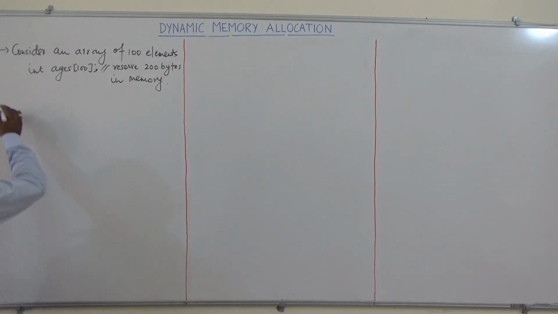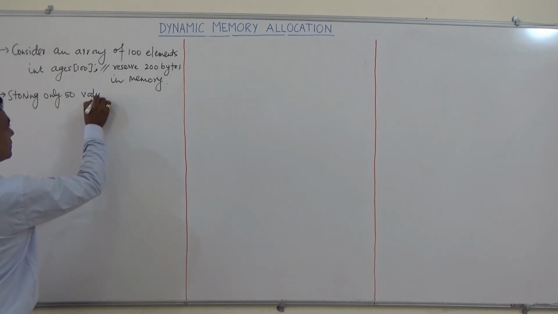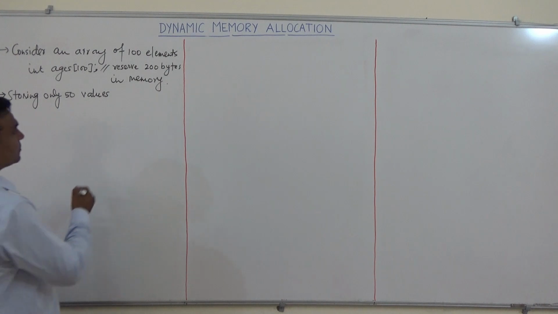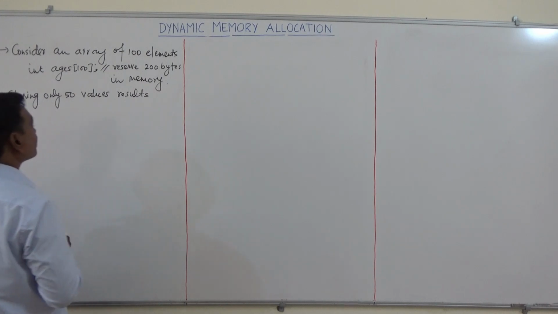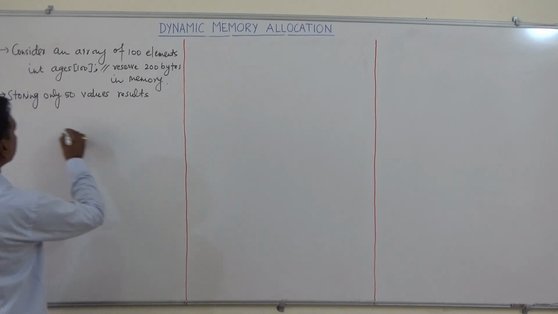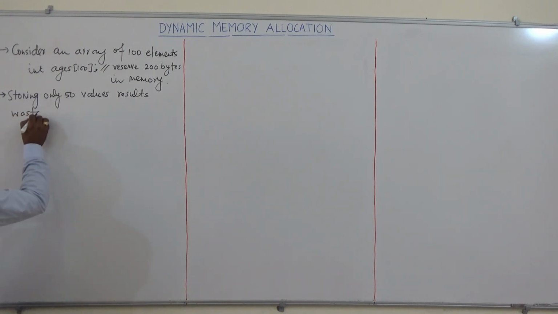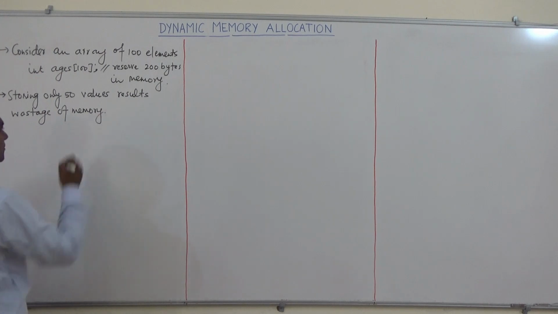Now suppose we are using only 50 elements, 50 locations, so storing only 50 values results in wastage of memory.